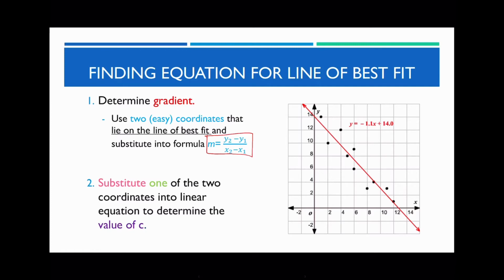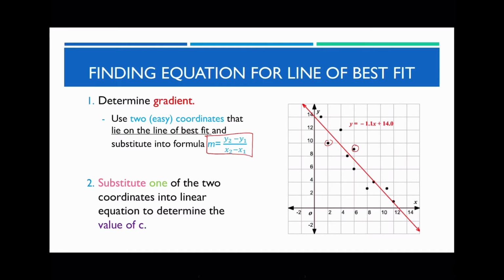For instance, students might often use these coordinates over here, as an example, but notice how these two coordinates, which are part of the data set, are not exactly along the line of best fit. The coordinates you choose don't have to be part of the data set, but they need to run through the actual line itself.